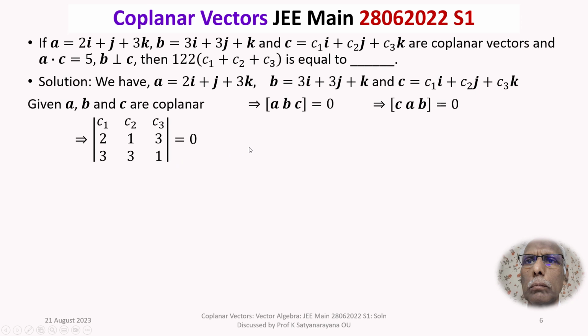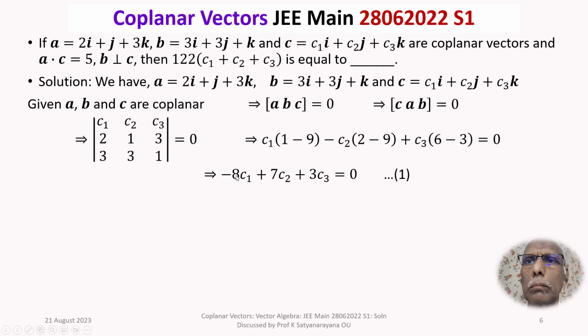Expanding this determinant by its first row, we get this. We are very familiar with the expansion of determinants. Simplifying, we get minus 8c1 plus 7c2 plus 3c3 is equal to 0. Let's call this equation 1.